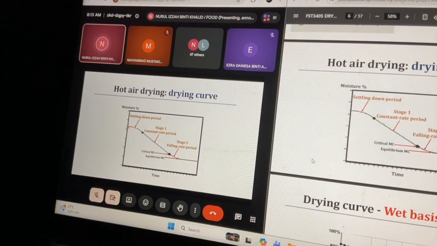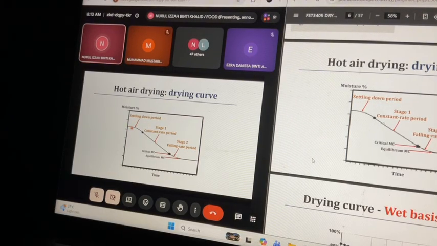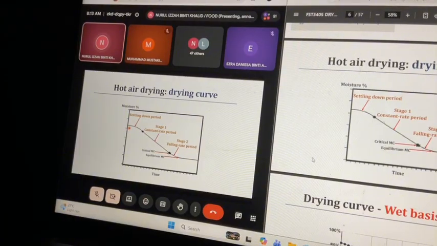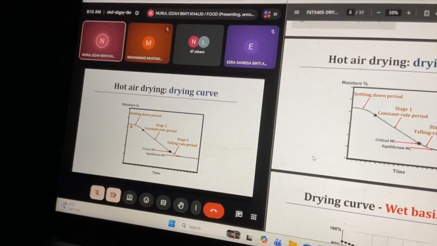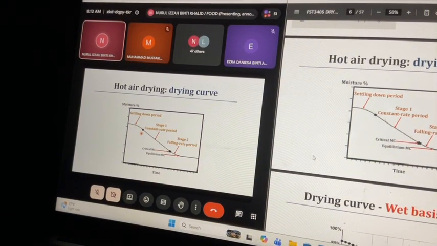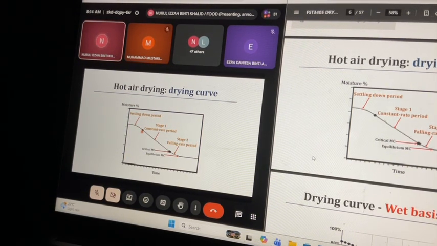So in the beginning we cannot see rapid removal, and the moisture removal is not constant; it is a small amount of water removal. Then when it reaches a certain point, the constant rate period starts. In the constant rate period, the rate of removal of the water is the same.